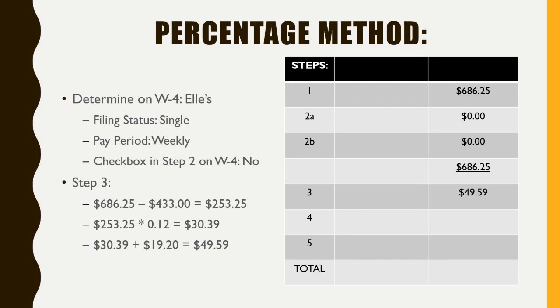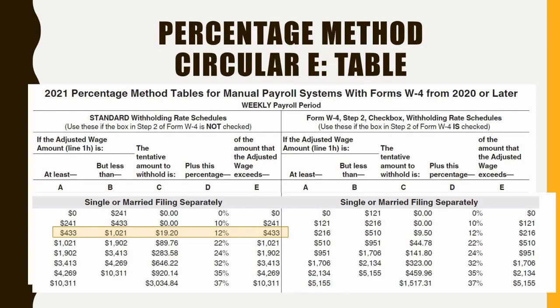Yes. Question. Yeah, what was the 433 again? 433 is Section E, which is the amount that the government lets you keep without getting taxed, right? And any dollar after that is taxable.